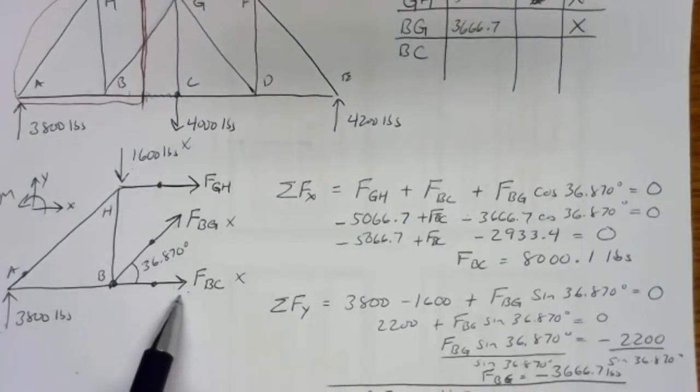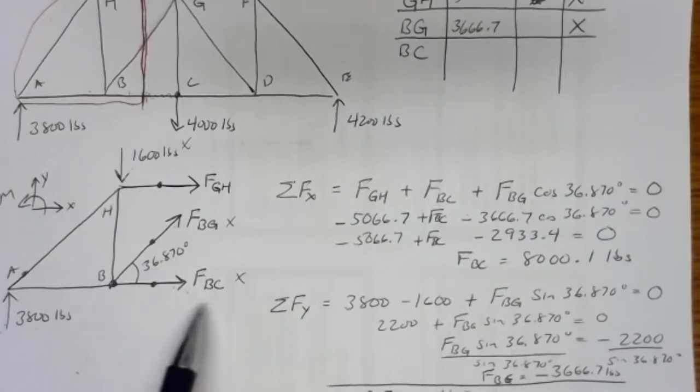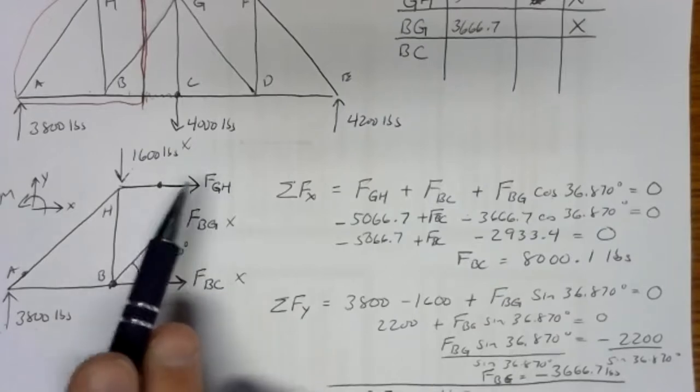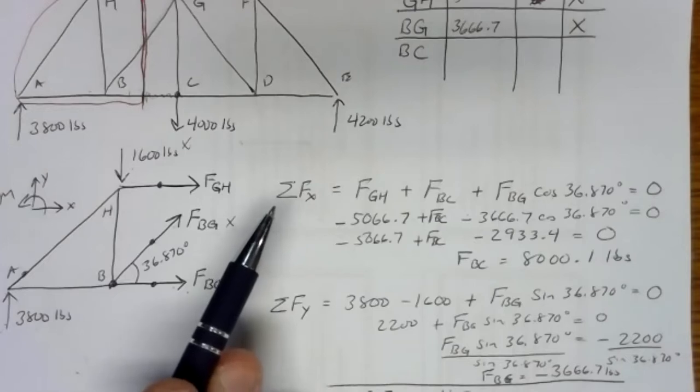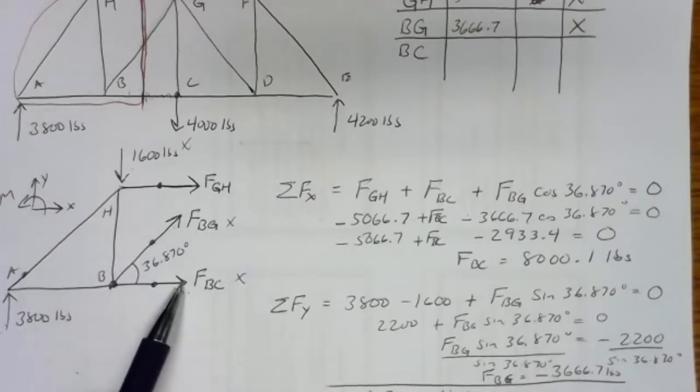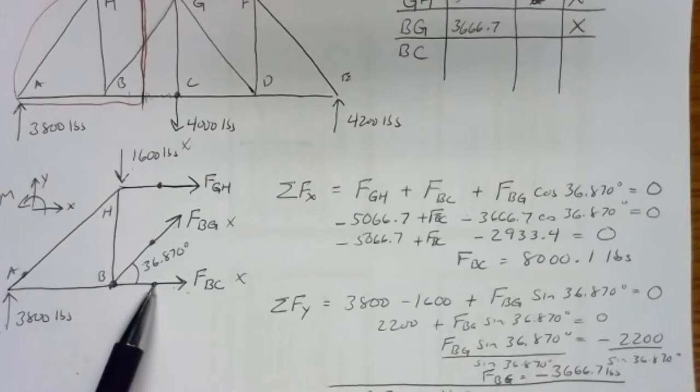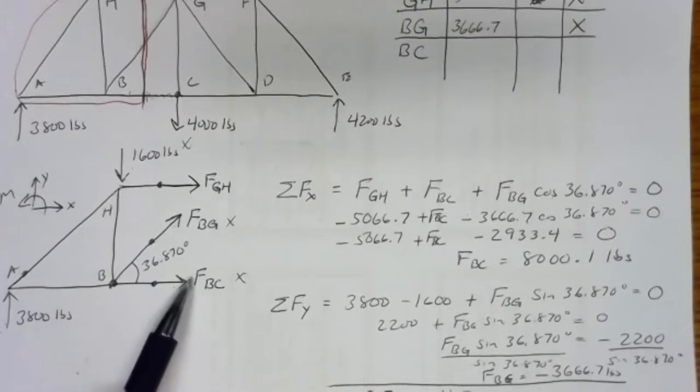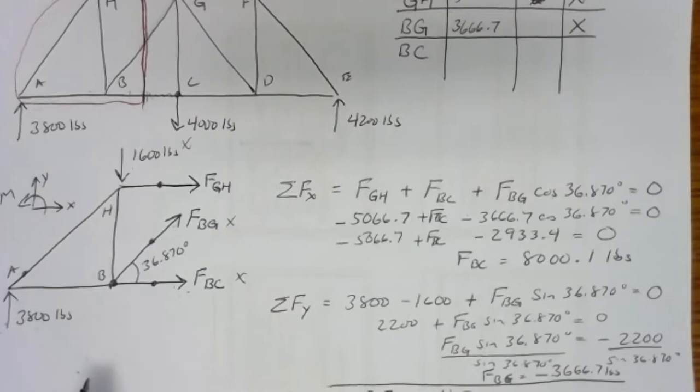So that means member BC is really pulled on by the rest of the truss. Remember that these forces represent what the rest of the truss that we threw away is applying to the part of the truss we're keeping. And in this case, FBC came out positive, meaning that member BC is pulled on just like we drew it.